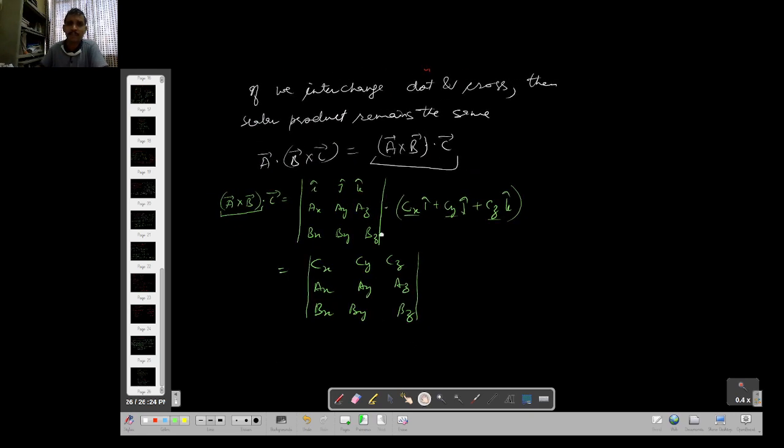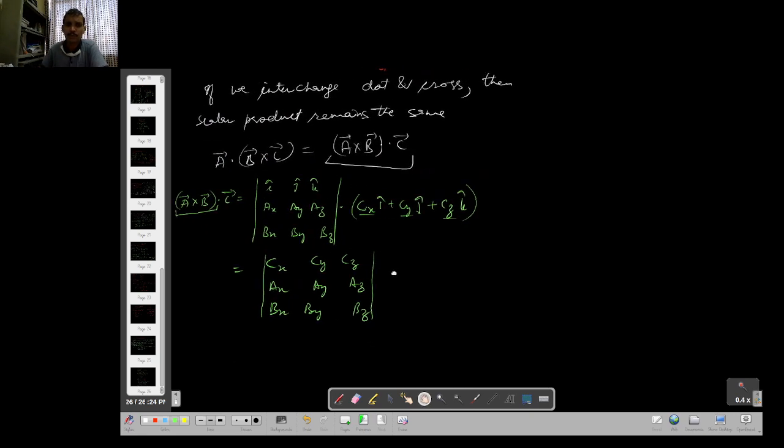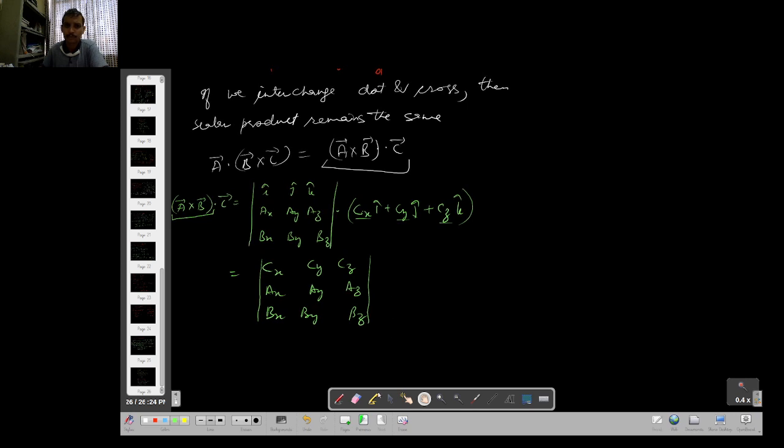So now what I will do is exchange, means I will apply the operation R2 and R1.